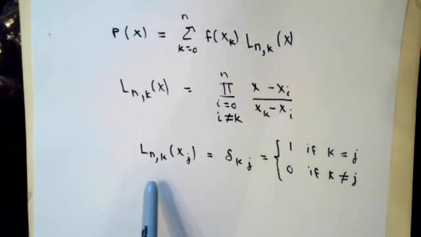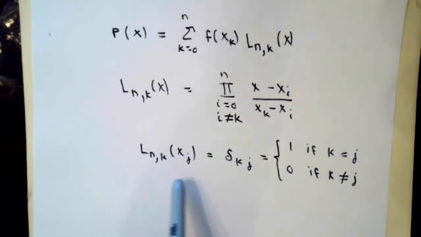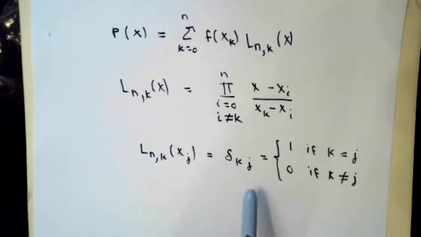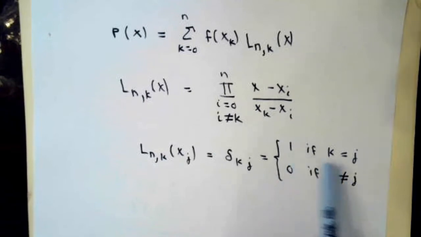We showed by example that L n comma k of xj is the Kronecker delta kj. That is to say, it's 1 if k equals j, and it's 0 if k is not j.